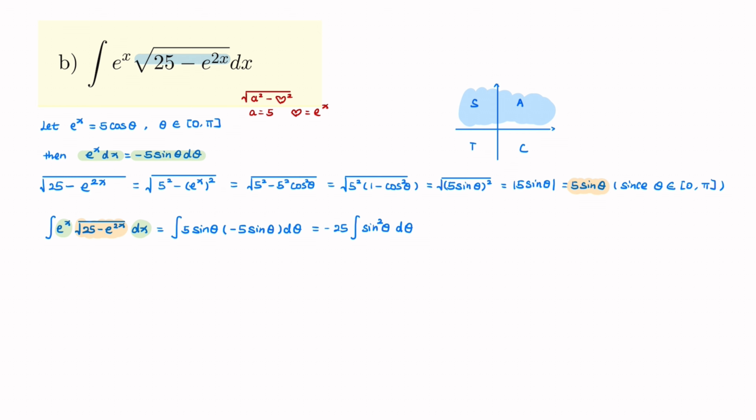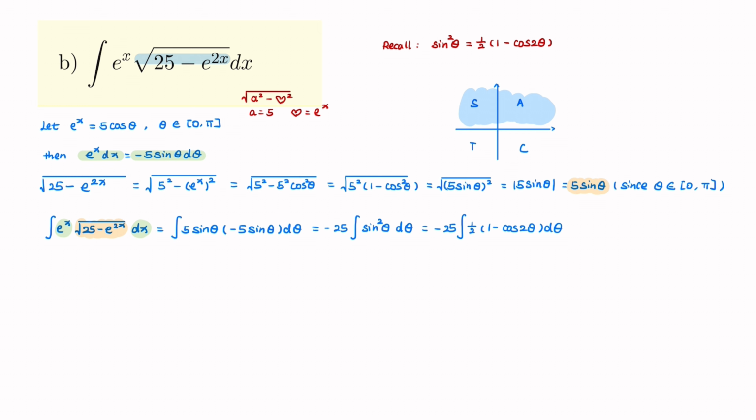I don't know if you guys remember, there is a trig identity. So let me write it here. Recall that by trig identity, sine squared theta can be rewritten as 1 over 2 times 1 minus cosine 2 theta. And we can replace that so that I can evaluate my integral. So negative 25 times 1 over 2, 1 minus cosine 2 theta d theta.